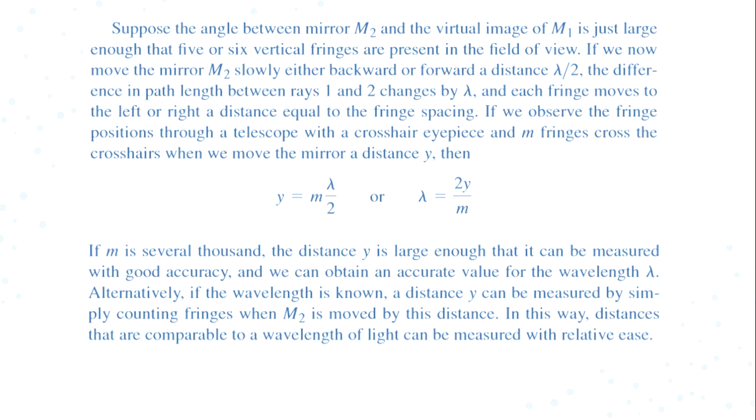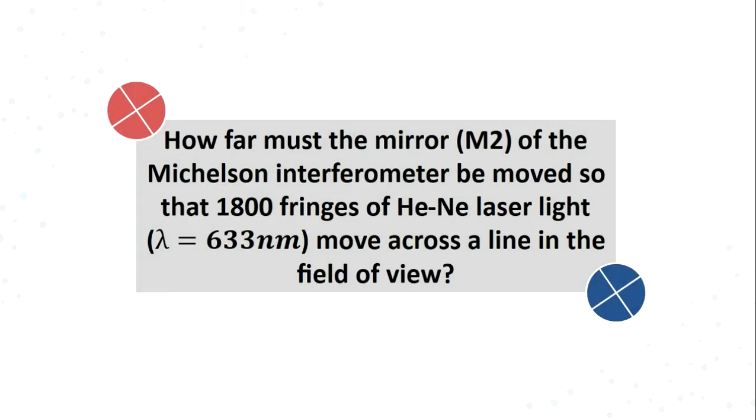Alternatively, if the wavelength is known, a distance y can be measured by simply counting fringes when M2 is moved by this distance. In this way, distances that are comparable to a wavelength of light can be measured with relative ease.